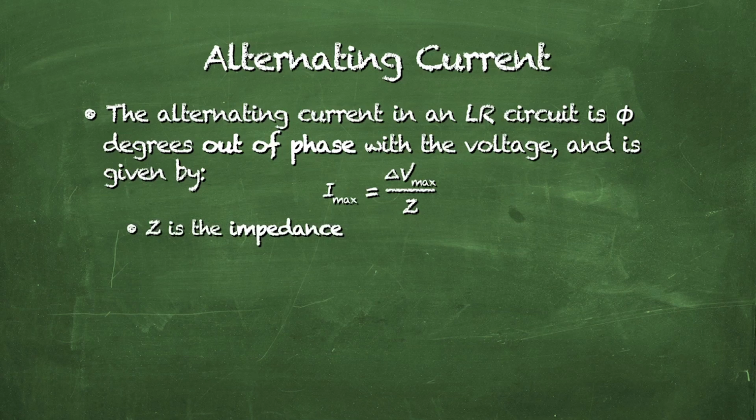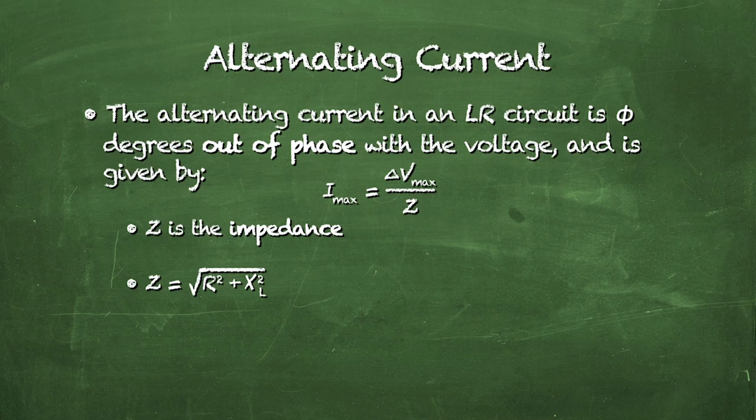Impedance is a combination of the resistance and the reactance, and the impedance, Z, is given by the square root of the resistance squared plus the inductive reactance squared. So that would actually be something like Pythagoras' theorem.